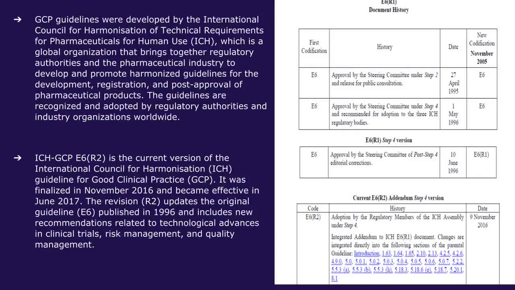ICH-GCP E6 R2 is the current version of the ICH Guideline for Good Clinical Practice. It was finalized in November 2016 and became effective in June 2017. The revision, R2, updates the original guideline, E6, published in 1996, and includes new recommendations related to technological advances in clinical trials, risk management, and quality management.